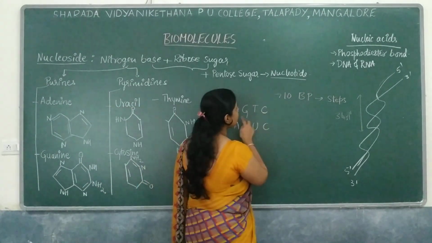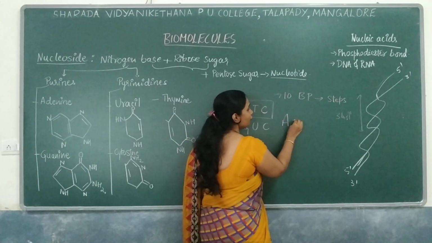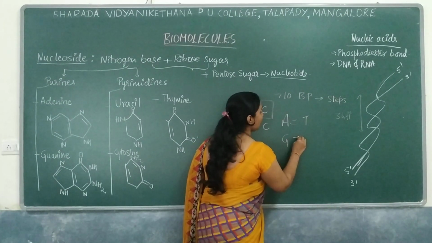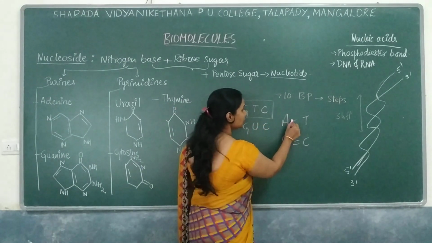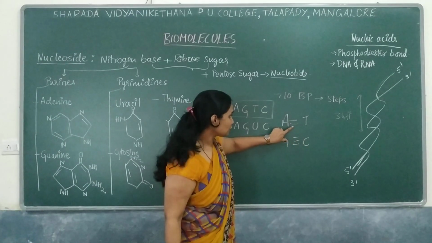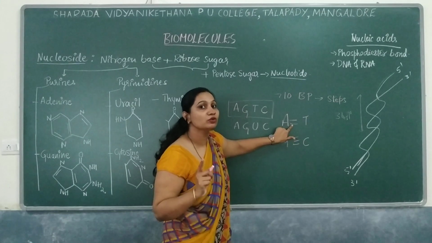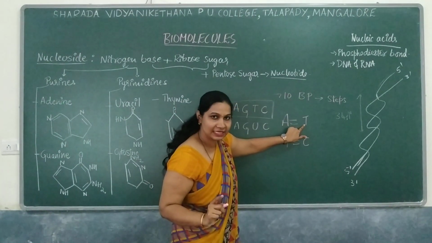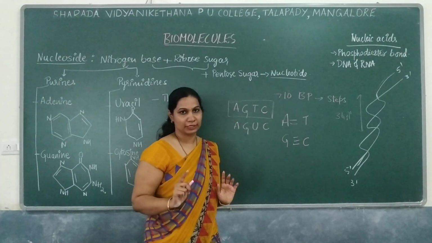So now here there are 4 nitrogen bases, where adenine always pairs with thymine, whereas guanine always pairs with cytosine. These two lines represent two hydrogen bonds. There are two hydrogen bonds between adenine and thymine, and there are three hydrogen bonds between guanine and cytosine.